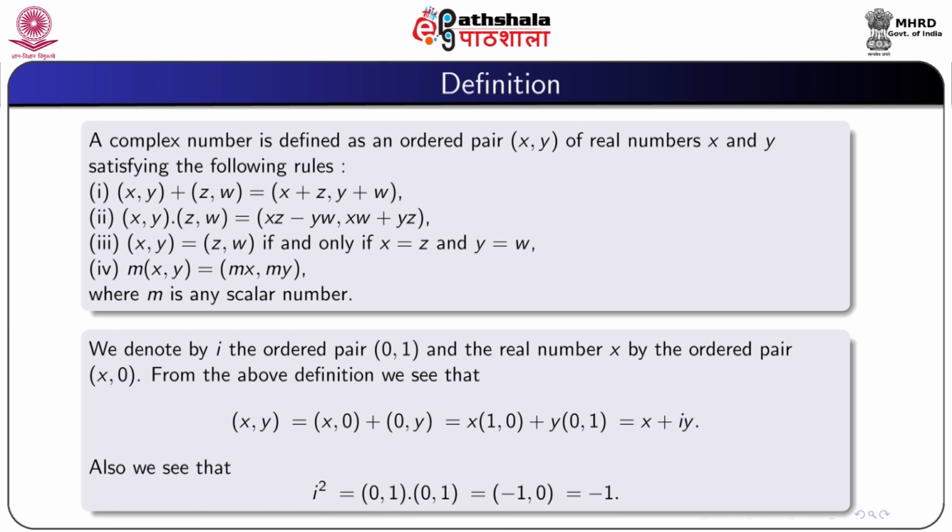Also we see that i square is equal to (0, 1) into (0, 1), and that is equal to (minus 1, 0), and this we obtain by the multiplication rule, and this is equal to minus 1.